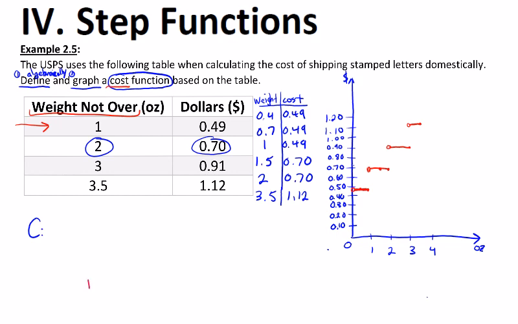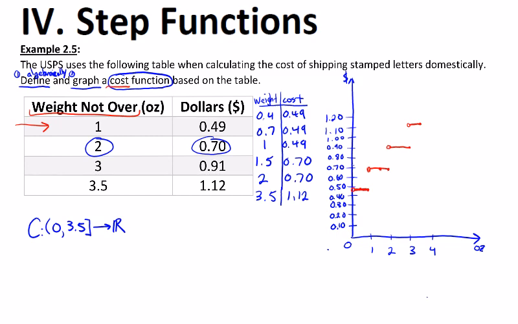So that's what we'll use. And the domain for this function is not going to be all real numbers. It's going to start at 0, and as we discussed, it's not going to include 0, and it's going to go all the way until we get to 3.5, including 3.5, because that would be the largest value that this table will handle. And these are going to be the values that will map to real numbers.